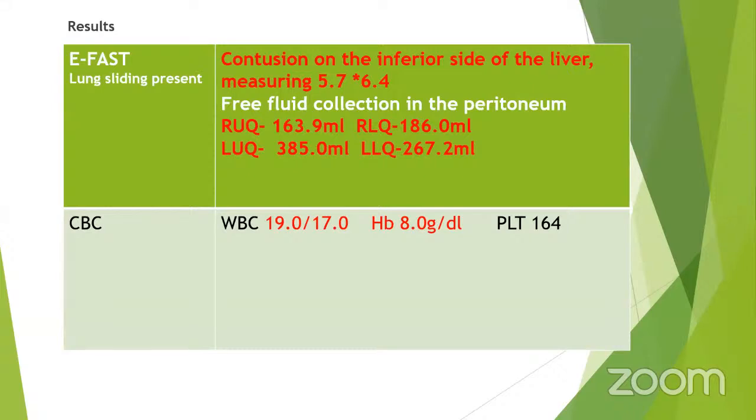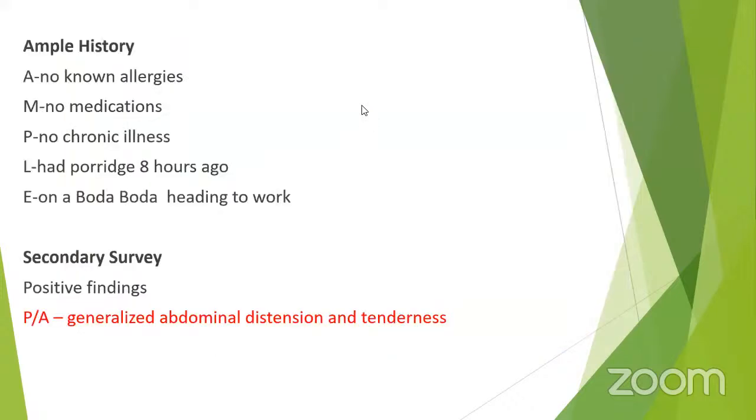An EFAST was done that showed contusions on the inferior side of the liver with free fluid collection in the peritoneum. And this was the amount of fluid that we noticed. CBC showed a total white blood cell count of 19 with neutrophils of 17.0, HB of 8.0, platelets 164. An AMPLE history was done.